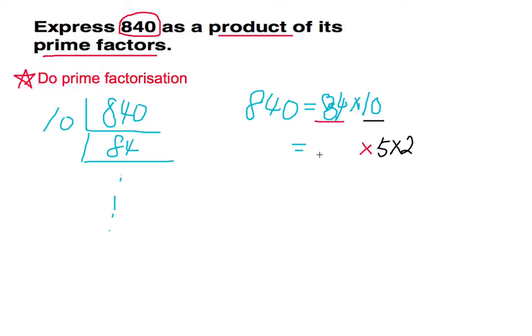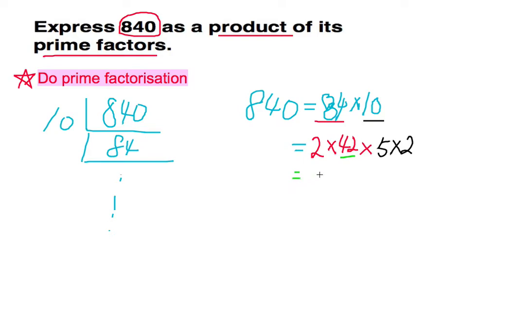So 84, maybe I just divide it by 2. 84 divided by 2 is 42, right? Then 2 is a prime, so now what we have left is 42 to break down.